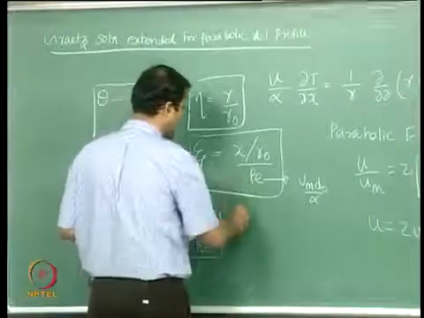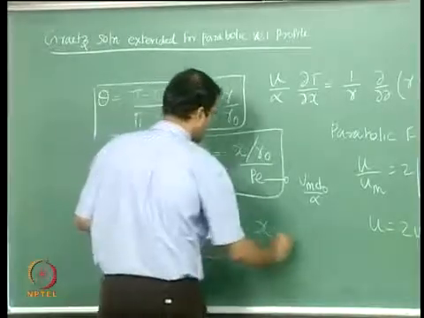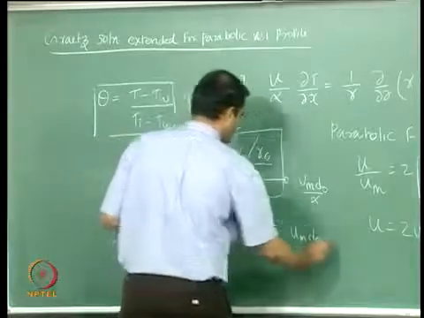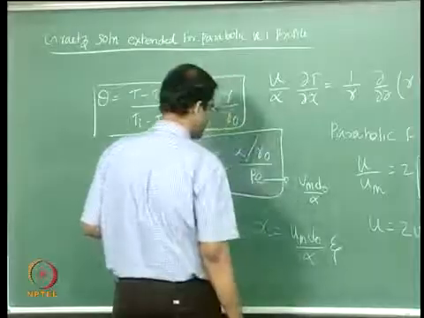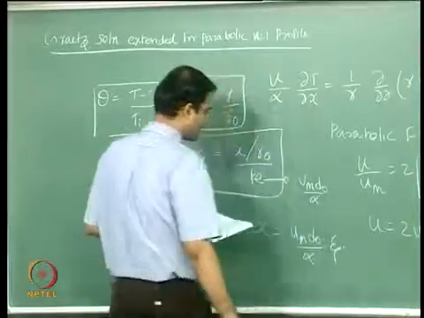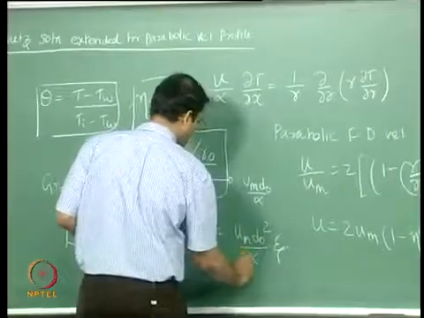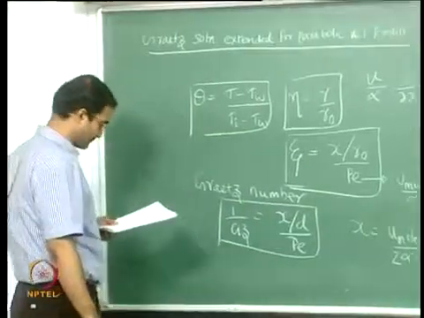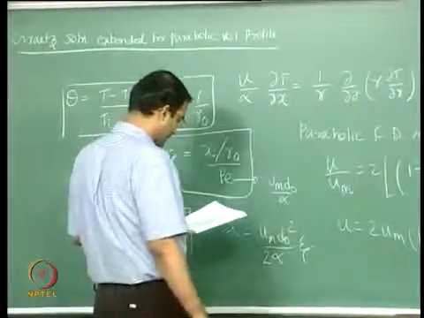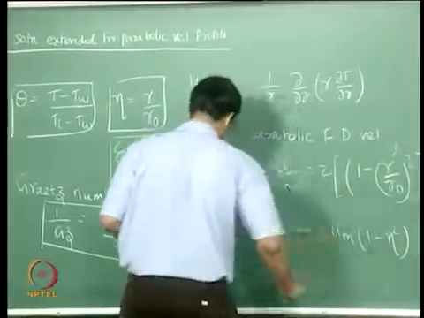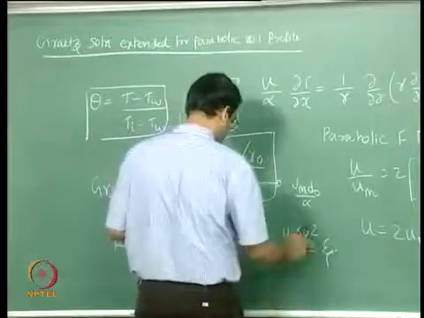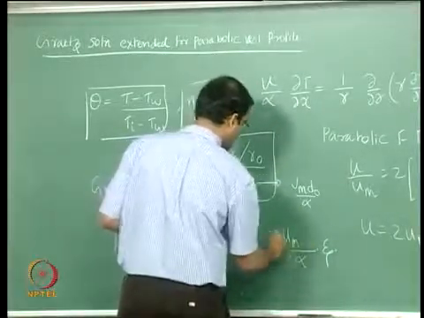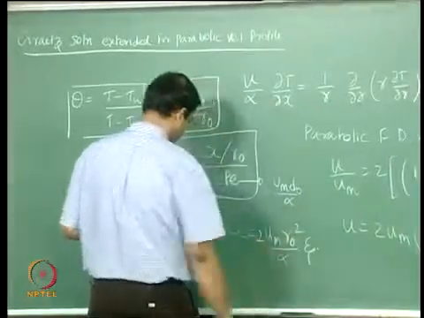Therefore we can express x in terms of zeta, so this is d naught by alpha into zeta, into r naught, which I will write as d naught by 2, so you have a term something like this. Or I can express everything in terms of r, so I can write this as 4 r naught square, so this becomes 2 r naught square.